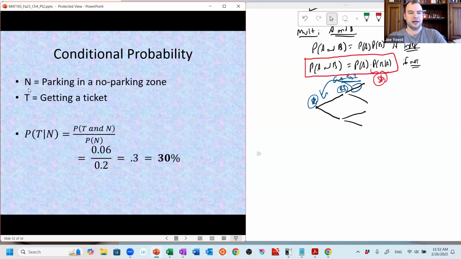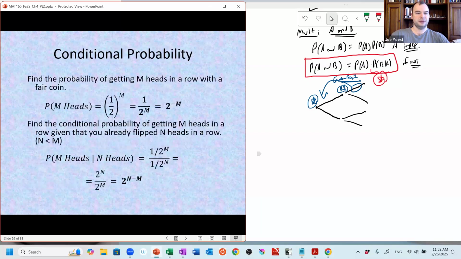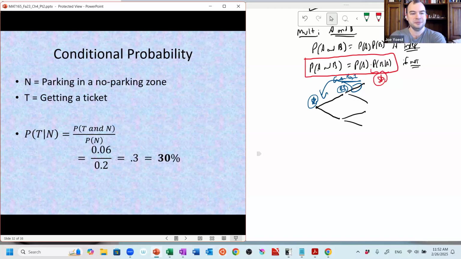So let's call the event N parking in a no parking zone, and the event T is getting a ticket. So probability of T given N: what's the probability I get a ticket given I parked in a no parking zone today? Well, just by our conditional probability formula, that's probability of T and N over probability of N. Right, because probability of T and N would be probability of N times probability of T given N, just rearranging that.